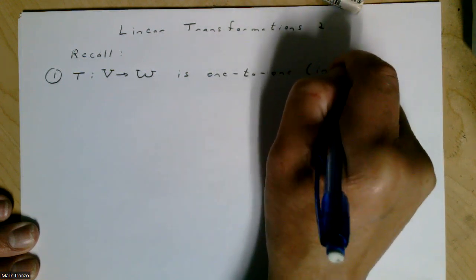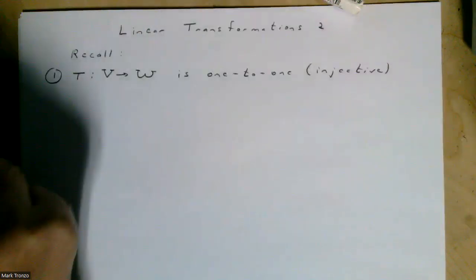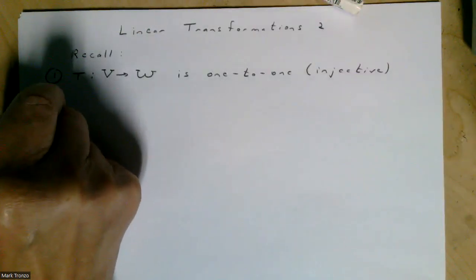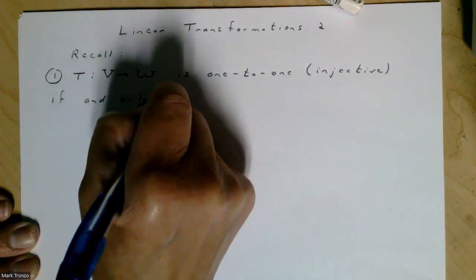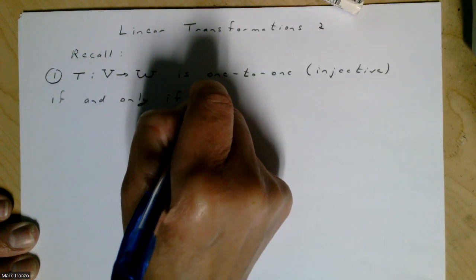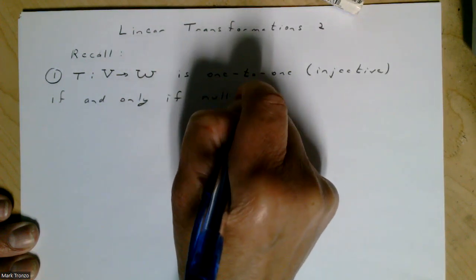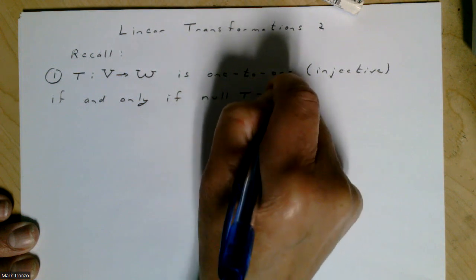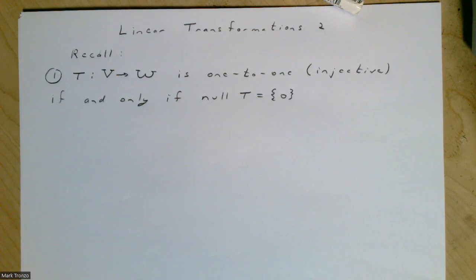And remember, that's the same thing as injective, if and only if the nullity of T, or sometimes called, excuse me, I should say the null set of T, here, the null set of T is 0.